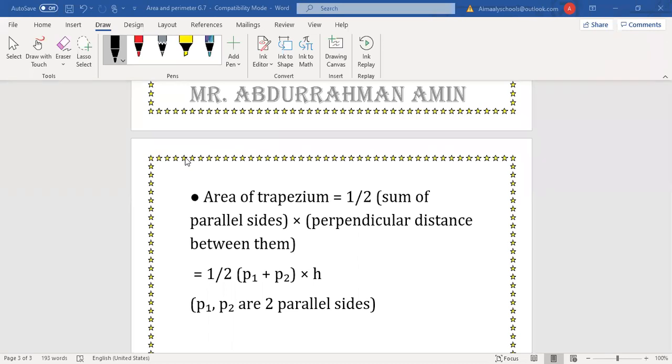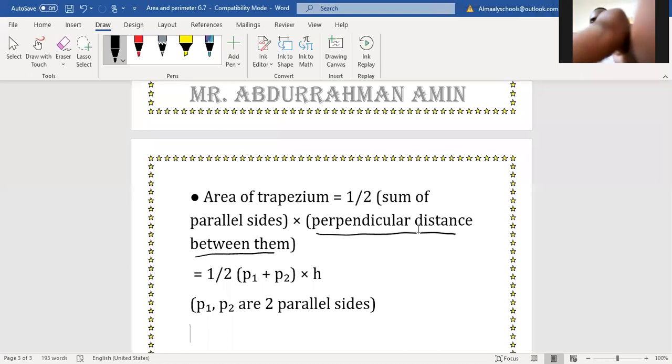So the area of the trapezium will be half multiply the sum of the two parallel sides, multiply the perpendicular distance between them, which we can name the height. So the area of the trapezium equals half multiply B1 plus B2 multiply H.